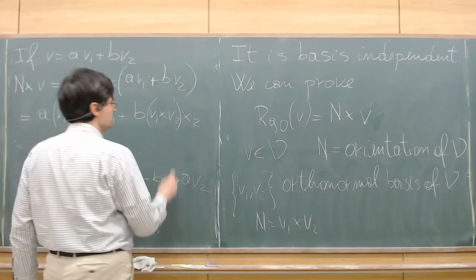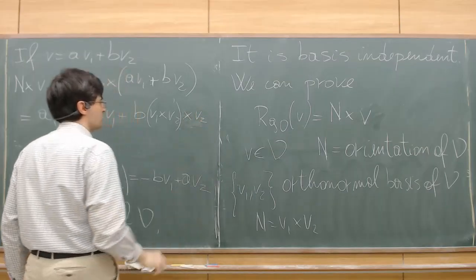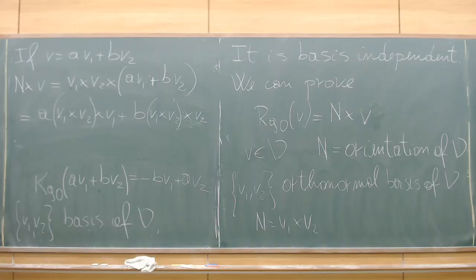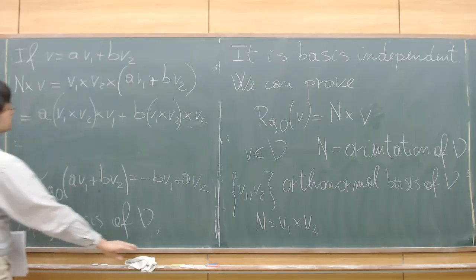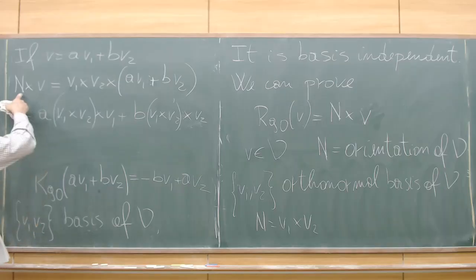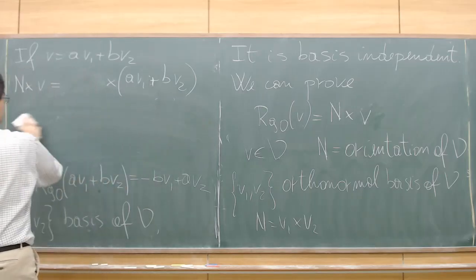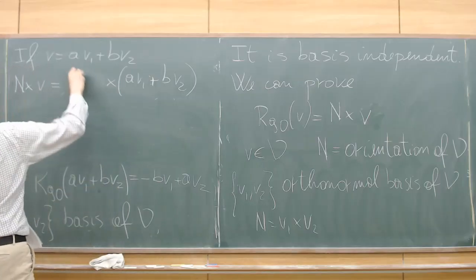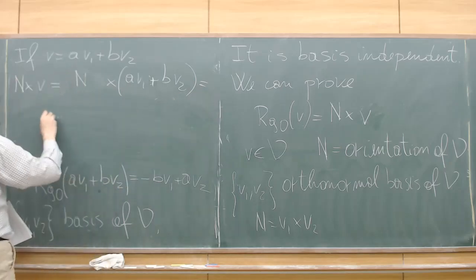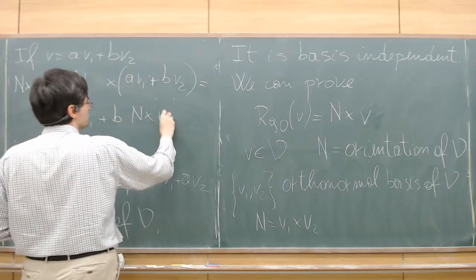Sorry, I made a typo. I don't need to expand n. Let's write just n here, and we get a n cross product V1 plus b n cross product V2.